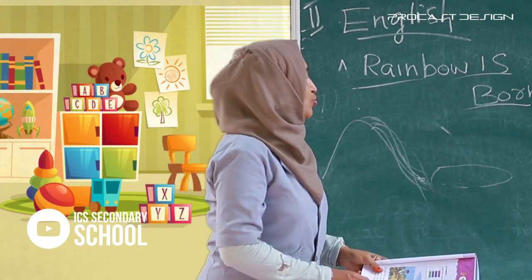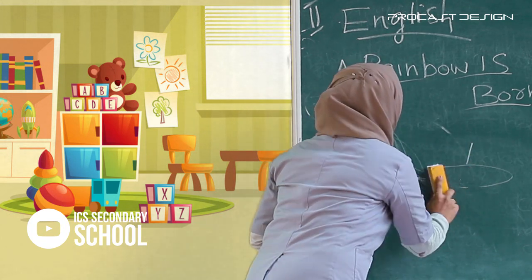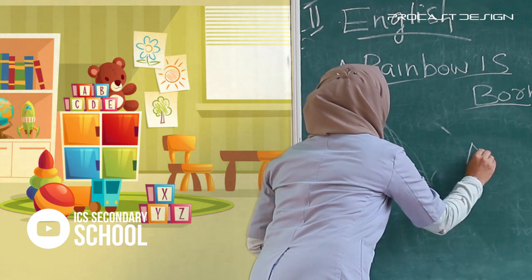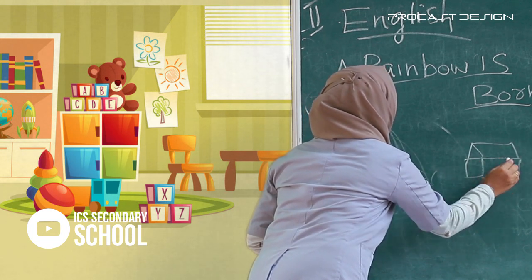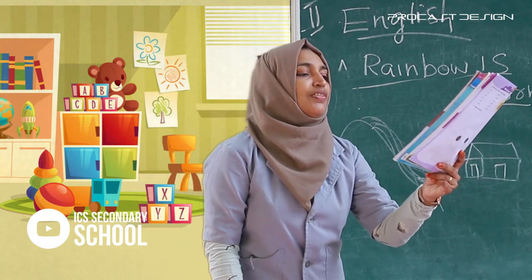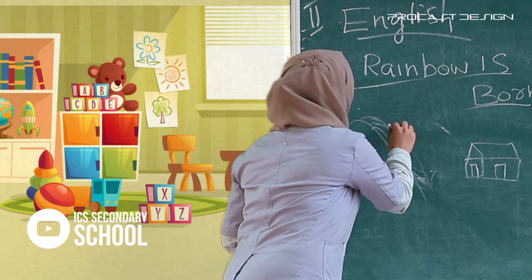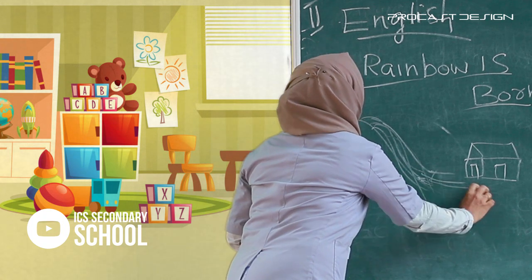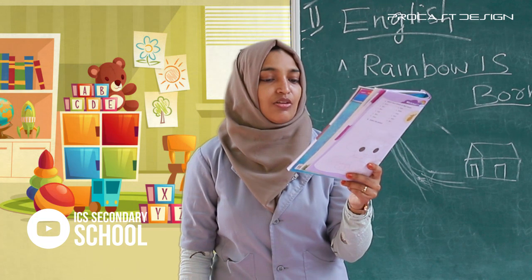Bob's house was near the waterfall. Where is Bob's house? This is the waterfall and Bob's house was near the waterfall. It's very near the waterfall.